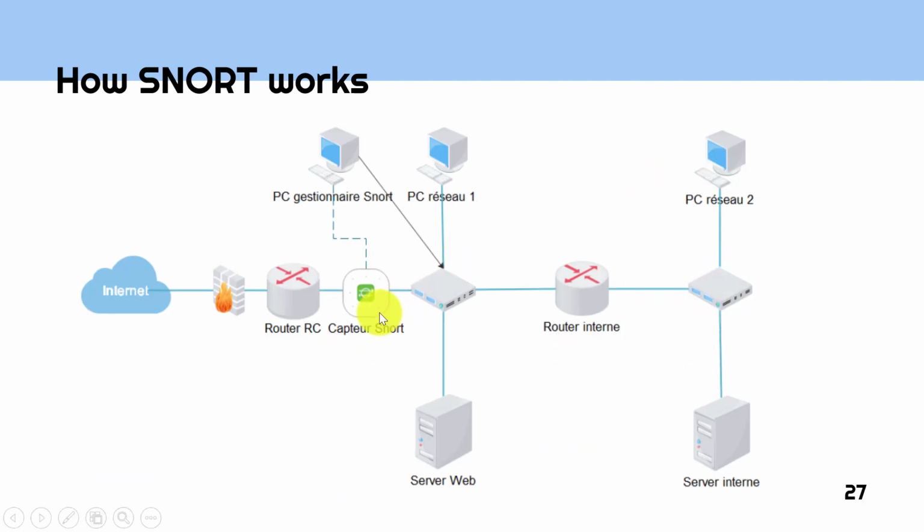As you can see in the picture, Snort is placed at a strategic point in the network, that is, just after the router linked to the internal network. From this location, we can monitor what the firewall has let through as packets.